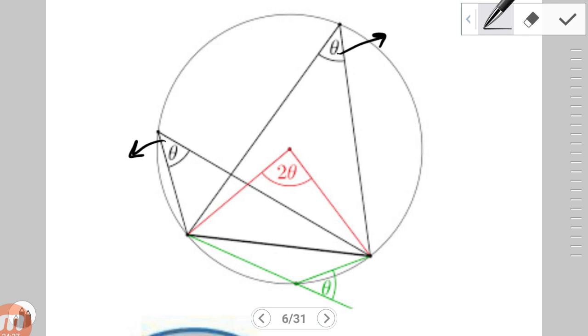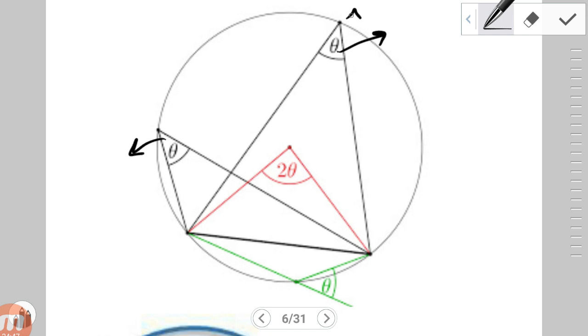It has to be that this bright chord that I highlighted here projects a line towards the center and creates the angle 2 theta. Then the same chord projects two more lines towards the circumference up here.